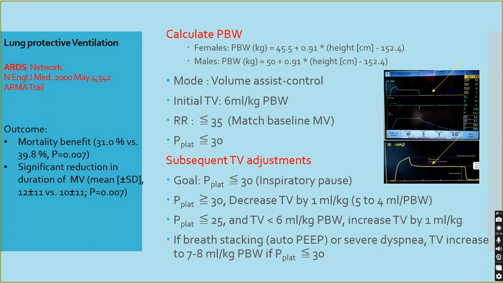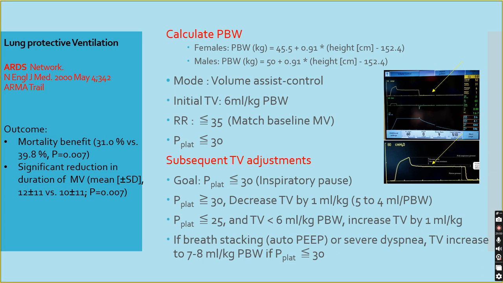So our target in ventilating this patient is to keep plateau pressure less than 30. These are the subsequent goals. After this basic lung protective setting, your goal is to keep plateau pressure less than 30. If your plateau pressure is more than or equal to 30, you can decrease the tidal volume by 1 ml per kg, and you can even go to 5 ml or 4 ml per kg of predicted body weight.